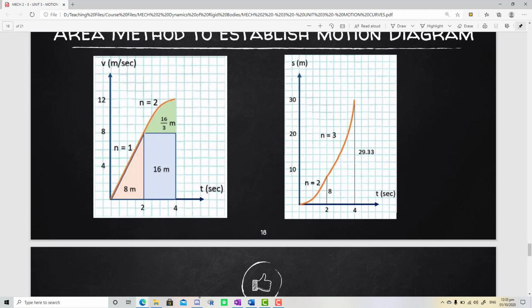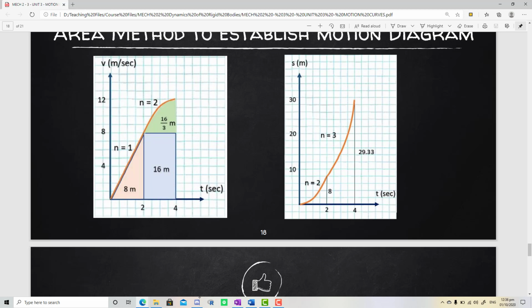That is 2/3 of base times height. So the area here is referring to the change in the position. So that is 8 from 0. Again, the condition a while ago is that when time is 0, the position is also at 0. So we will start at 0.